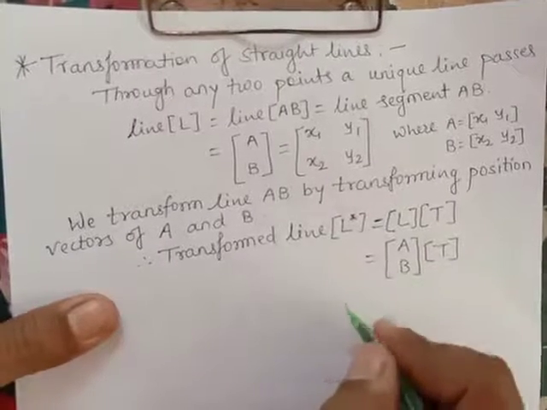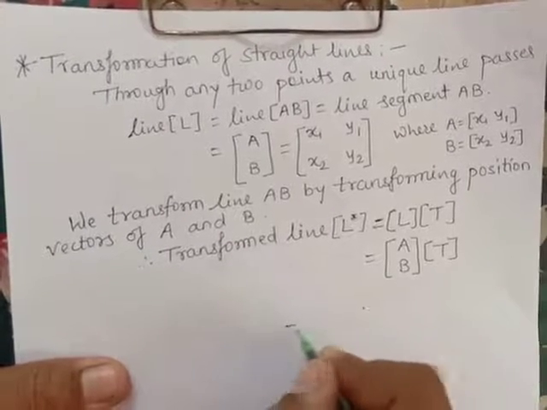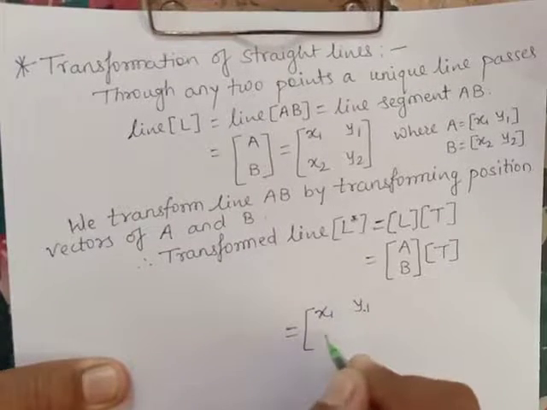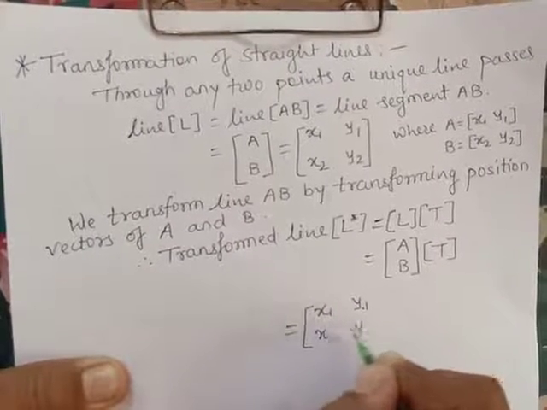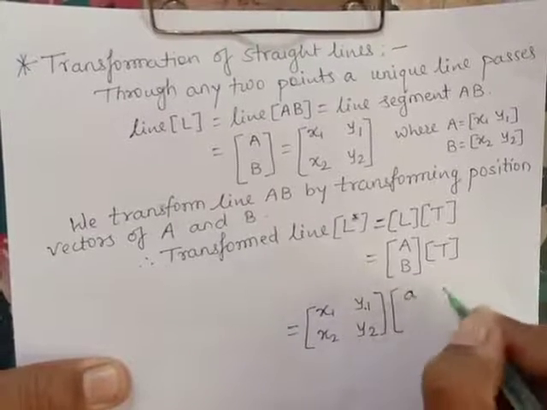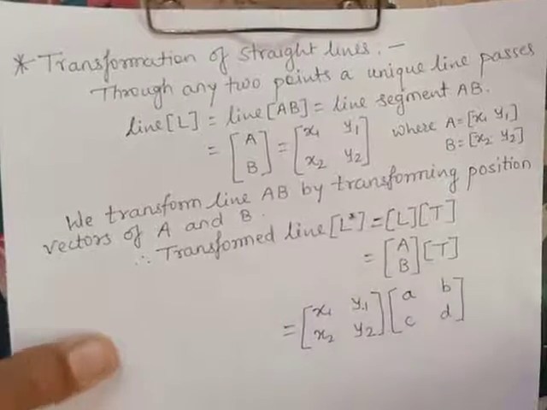That is the same as, what is AB? It is x1 y1 x2 y2, and what is T? It is a b c d, the general one, right?